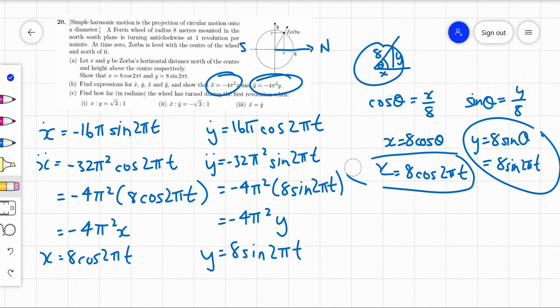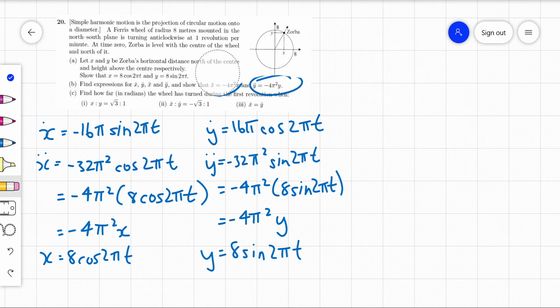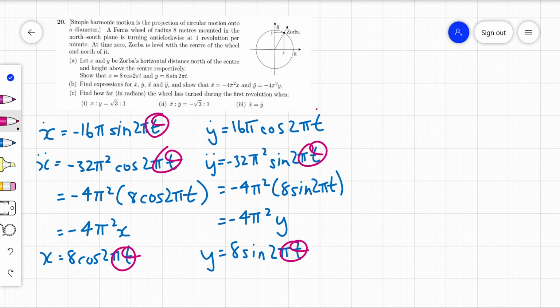And get rid of these ones. First of all, we want to find how far in radians, so we want theta. Each of these equations, remember we put in theta equals 2 pi t, so I'm really looking at each of these equations where that is now theta instead.